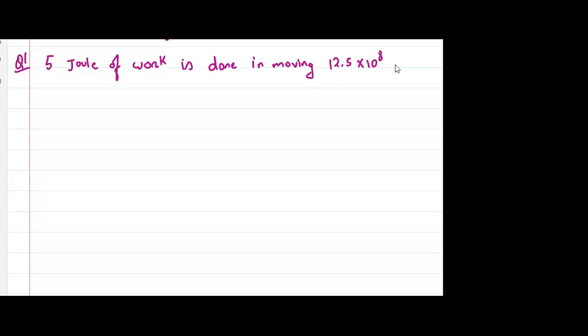So till now we have studied differentiation. Okay, so let's solve some problems. Question number 1. 5 joule of work is done in moving 12.5 into 10 to the power 18 electrons from one end to another end of a conductor.